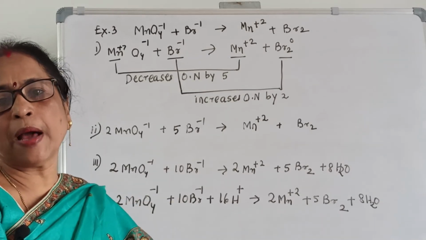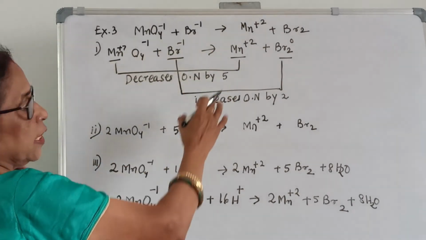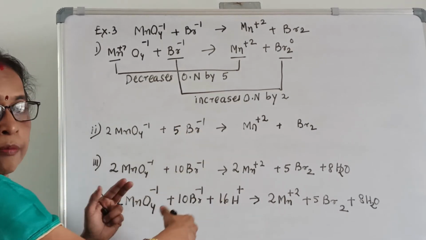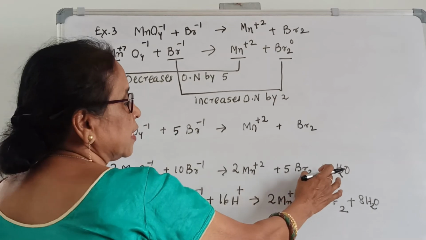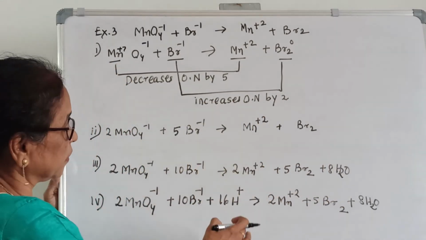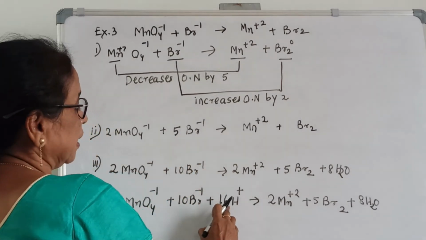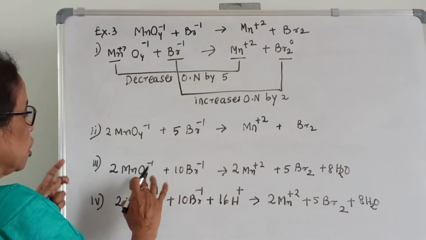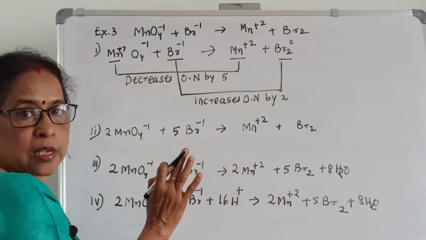It can only be balanced by H plus ion. Now in the question it is not mentioned whether it is acidic or basic, but when you balance step by step, it is concluded that since there are 16 hydrogen atoms there, on the reactant side you will multiply by 16 H plus. Now you see it is already balanced. Oxygen is balanced by water molecule, hydrogen is balanced by H plus ion.